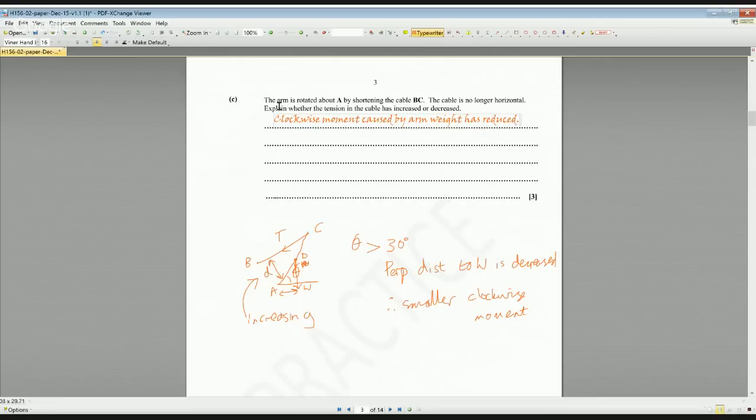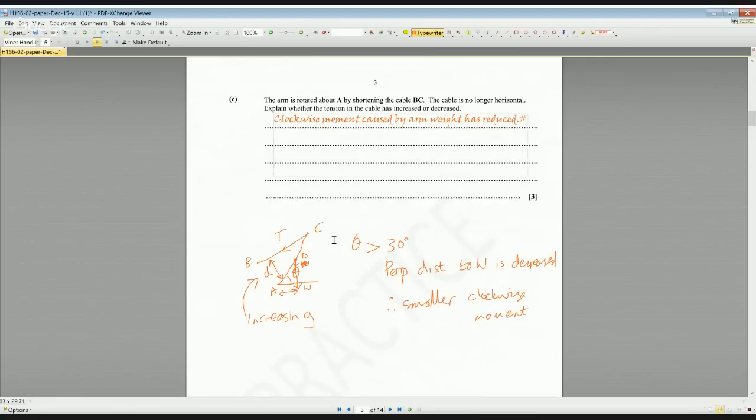The other thing that's happened is this distance I've labelled little d has decreased. That means that the moment produced will be smaller from the tension as well.